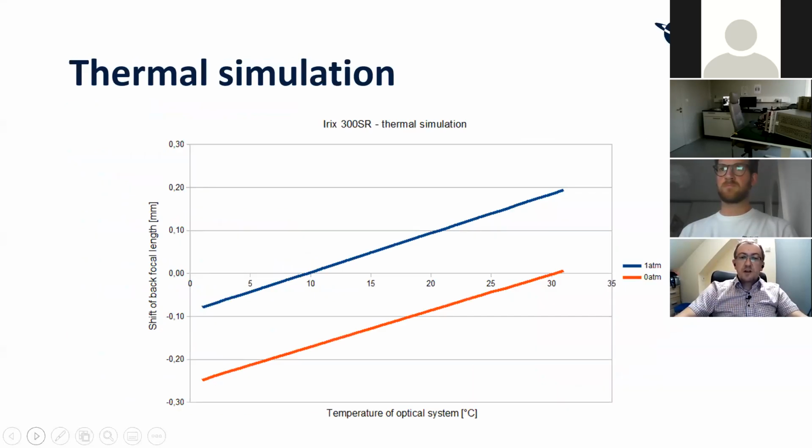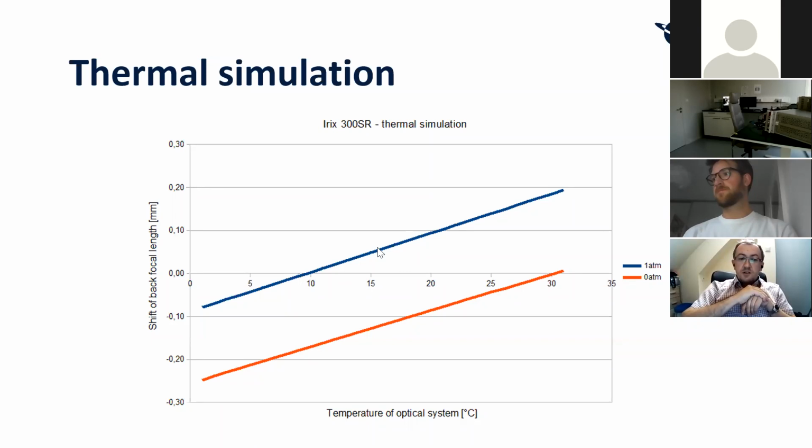Yeah, that's why. Here is the simulation that we will make using our optical design. The blue line represents how the back focal length of the lens, I mean the distance between the last optical element and the image sensor plane, shifts depending on the temperature change.